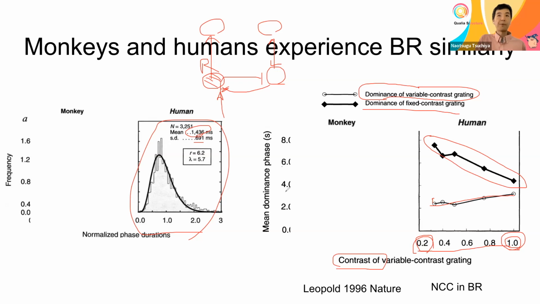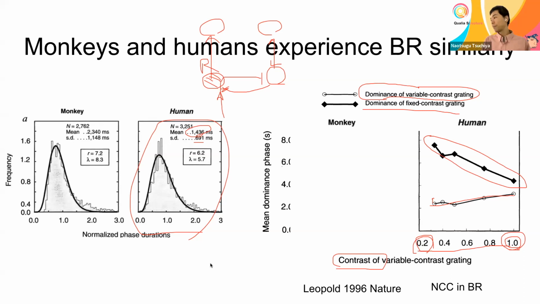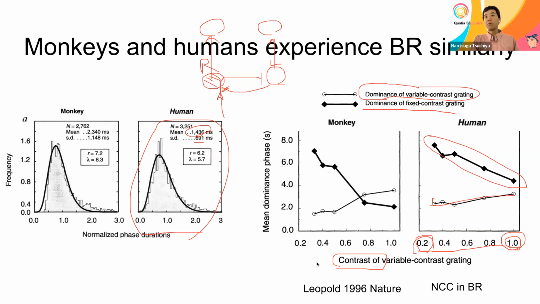That's one proposed hypothesis. Coming back to how we test binocular rivalry in monkeys: the aim is to test whether monkeys also report something like this. In terms of the duration distribution, they indeed found something very similar to what humans reported, and the contrast-related finding is also reported.